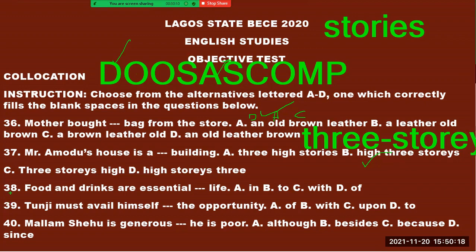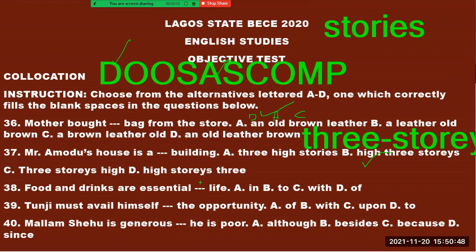Now, question number 38. Food and drinks are essential dash life. Now, this is collocation, and it is also how prepositions are used together with adjectives. Certain adjectives collocate with certain prepositions. When you talk of essential, what follows is "to."